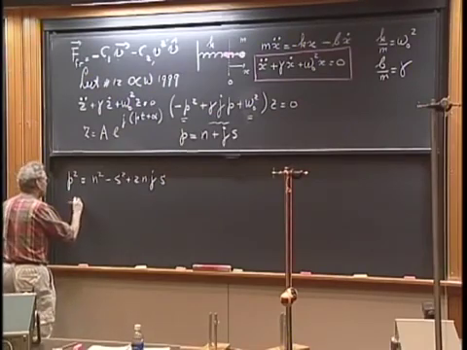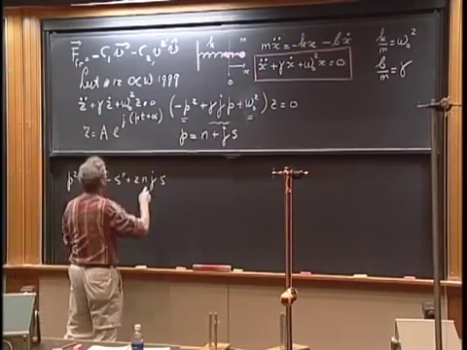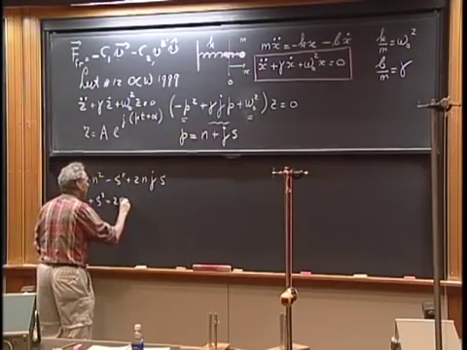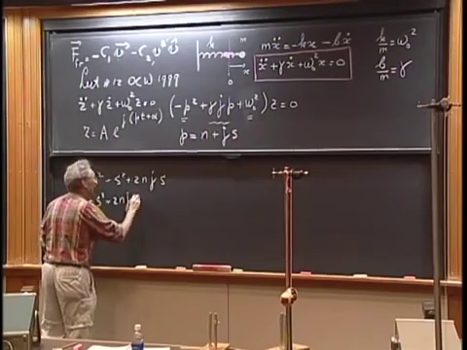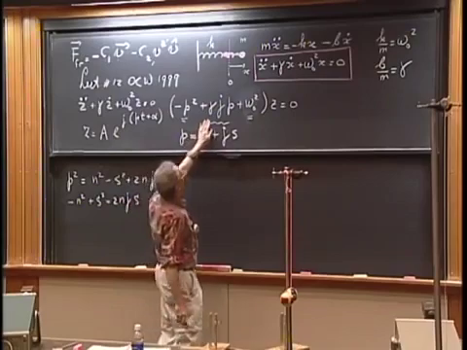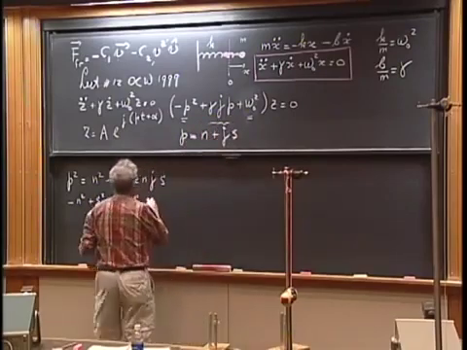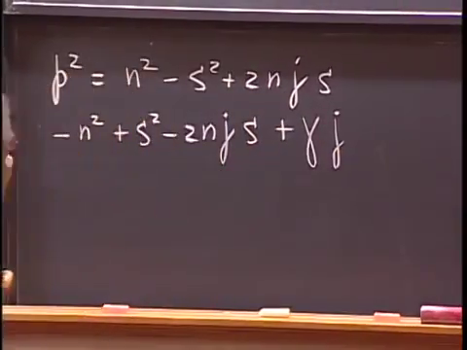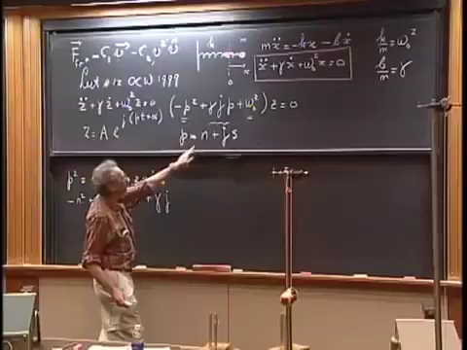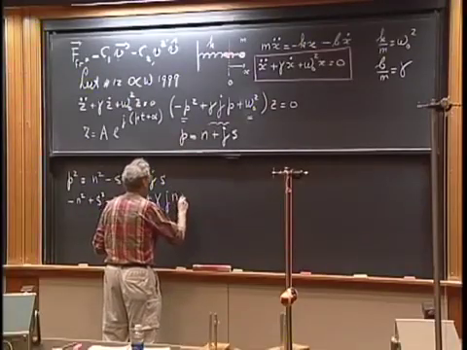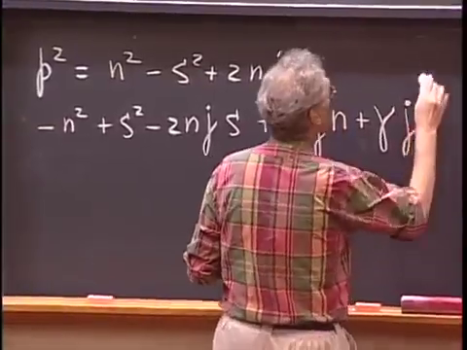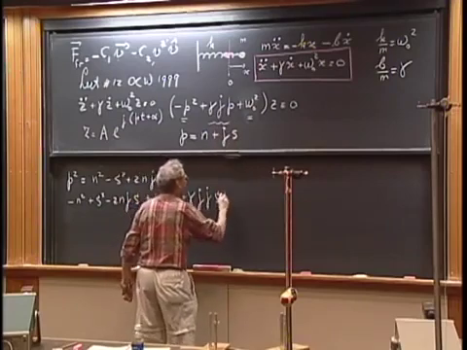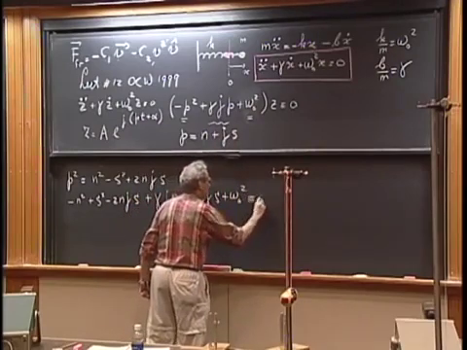So I get minus n squared plus s squared minus 2n j times s. So I'm done here. Now I get gamma jp, plus gamma times j, and now I have to multiply that by p, which is n, plus gamma times j times js. And then I have plus omega 0 squared, and this now has to be 0.